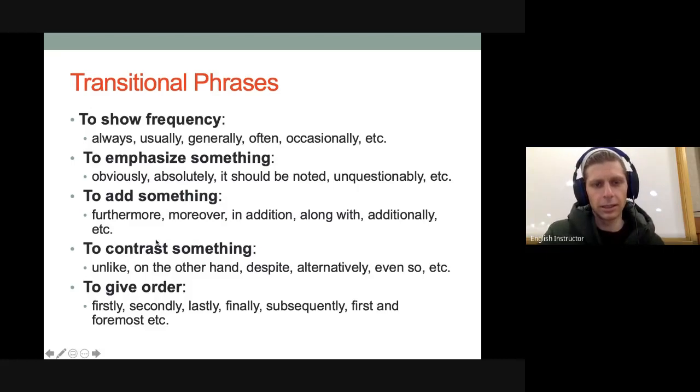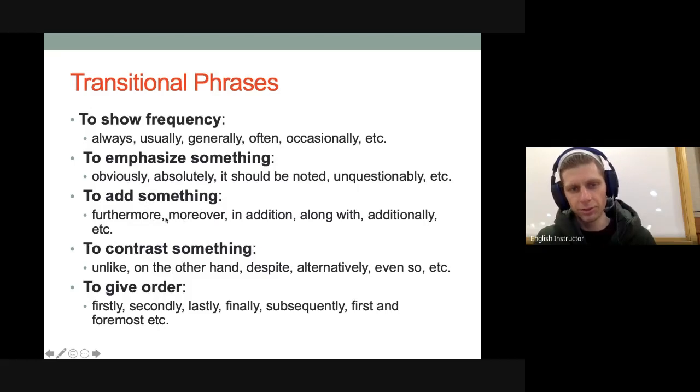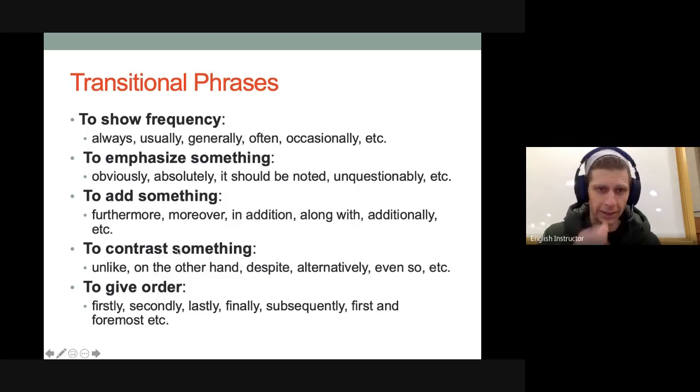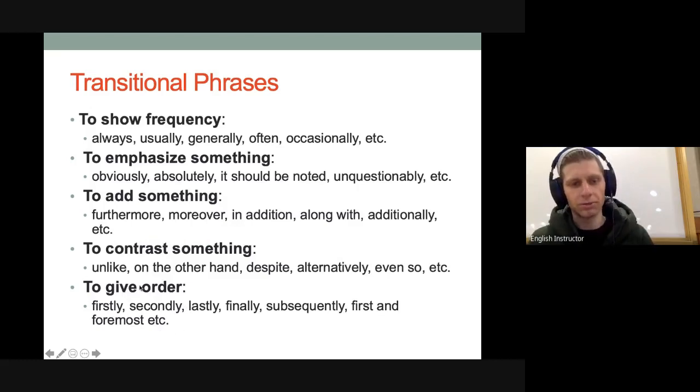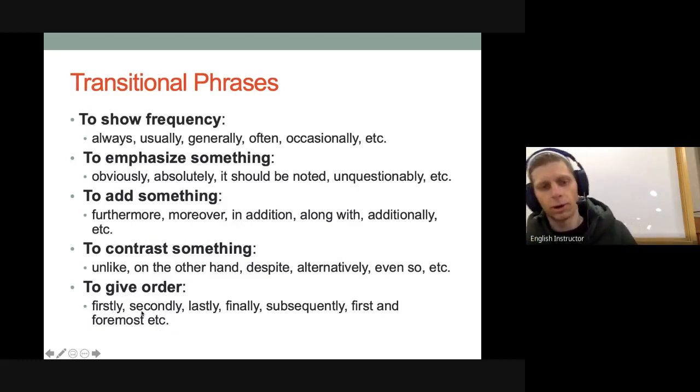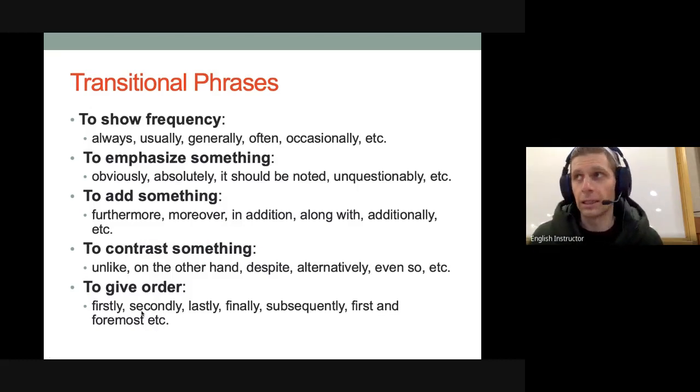So it's important to use these transitional phrases when we're moving to different ideas, when we're contrasting or comparing different ideas, or when we're giving order. Some of the ones that get used most often are these transitional phrases for giving order. And you want to try to avoid being very plain with just using the order transitional phrases. So you don't want to start your first body paragraph with first, comma, cats are adorable.